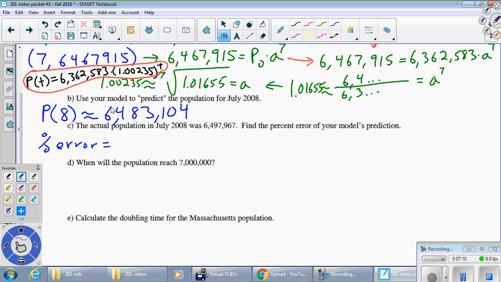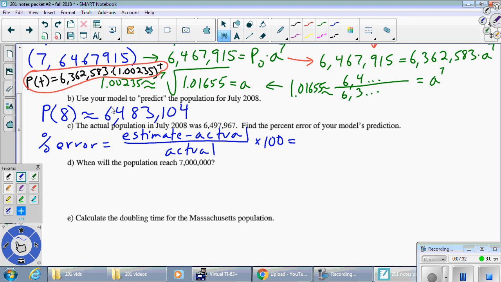And so to get a negative number, we need to do the estimate minus the actual, and then we divide that by actual. And then to make it a percentage, you can multiply by 100. So that was my way of figuring out whether it's estimate minus actual or actual minus estimate.